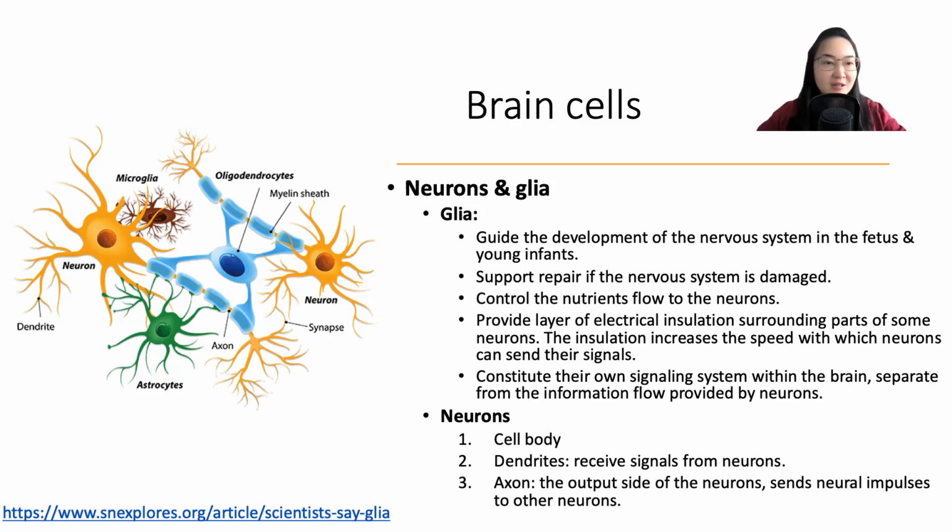Neurons have the cell body and dendrites. Dendrites receive signals from neurons. Dendrites look like a tree here. Axon: the output side of the neurons. It sends neural impulses to other neurons.